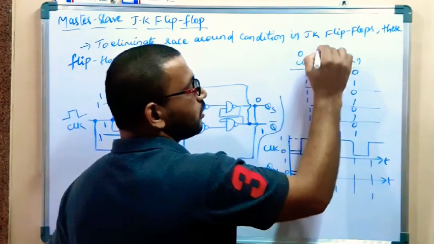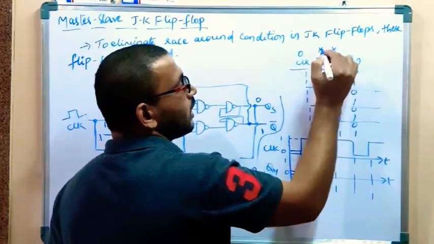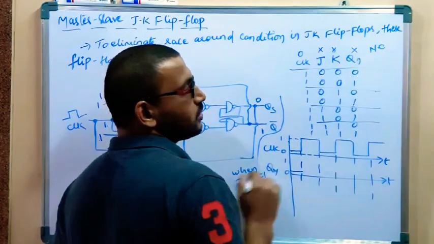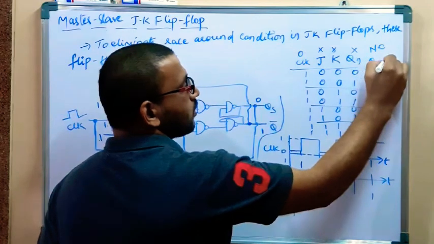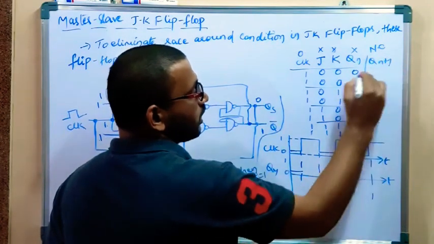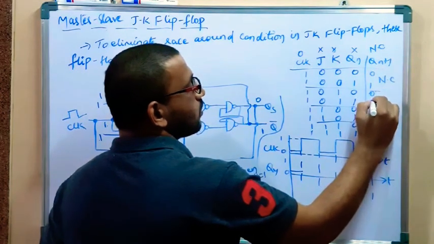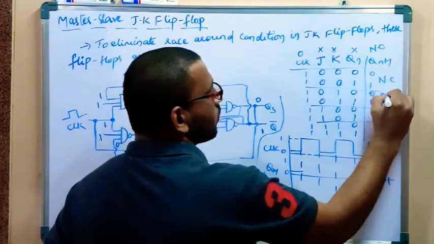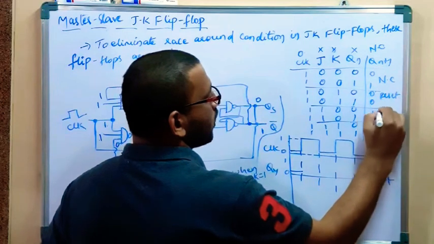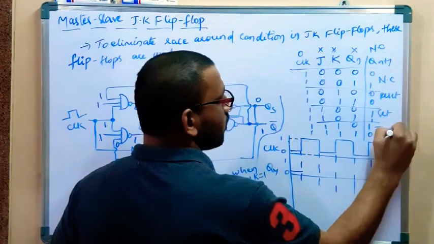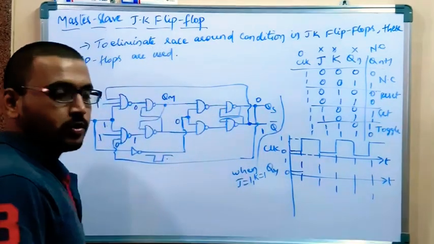When clock pulse is 0, whatever may be J and K, whatever may be the past output, the output remains unchanged, right? So this is the truth table of JK flip-flop. No change. 0 0, reset, 1 1, set. This is 1 0, toggle, right?